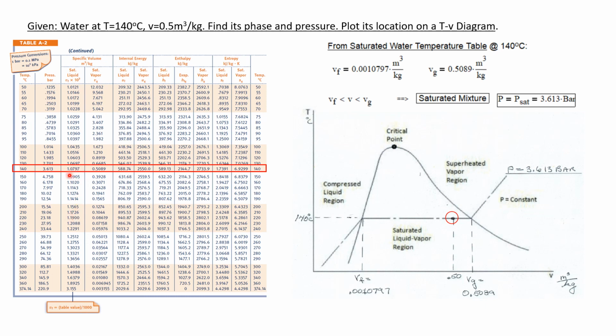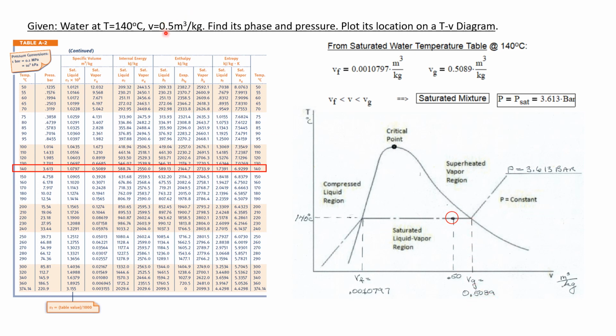So we see that V sub F is 1.0797, but I have to divide that by 1,000. So V sub F at this state is 0.0010797. And we see that V sub G is 0.5089, so that would be this point right here, 0.5089.